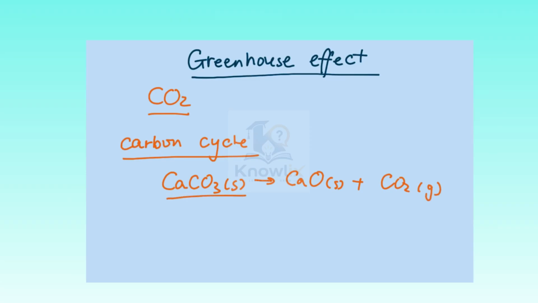When calcium carbonate is burned in an excess of oxygen, the products will be calcium oxide and carbon dioxide. Carbon dioxide can also be formed when carbonates react with acid.